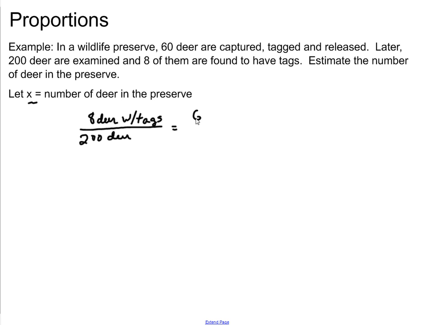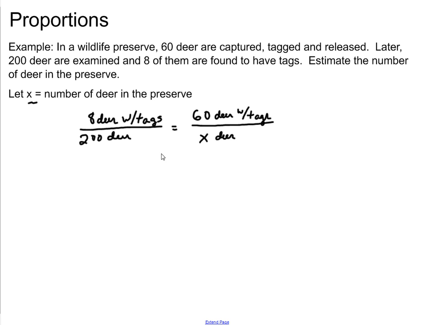So that should tell us what proportion we have. If there are 8 tagged deer among the 200 examined, then there's 60 tagged out there roaming around and an unknown number of deer in the entire preserve.